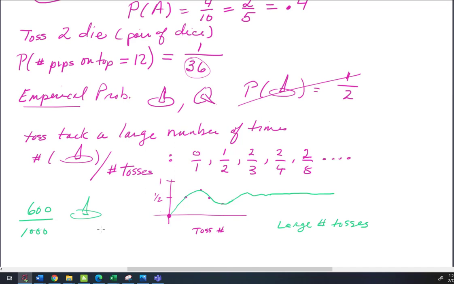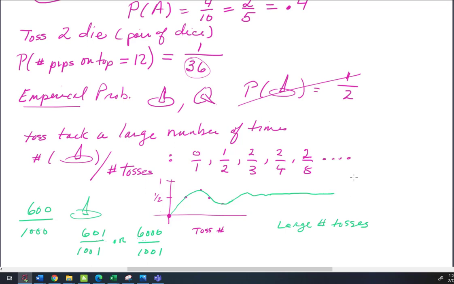The next toss is going to give me 601 out of 1,001, or 600 out of 1,001, depending upon whether the next toss is a point up or a point down. But there's not much difference between these. You can get your calculator out and look at it. They're about the same. That tells me that this line is going to settle down.